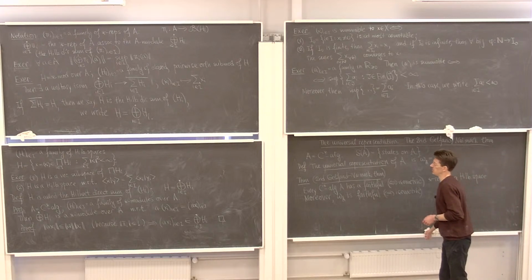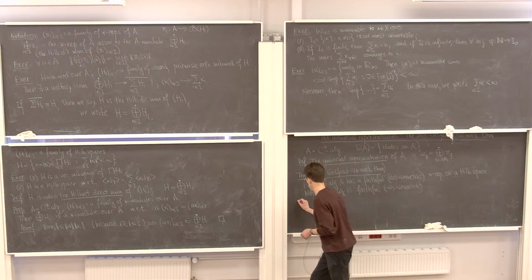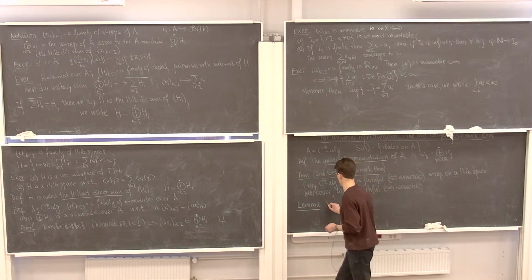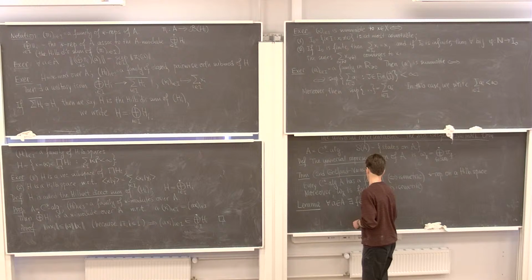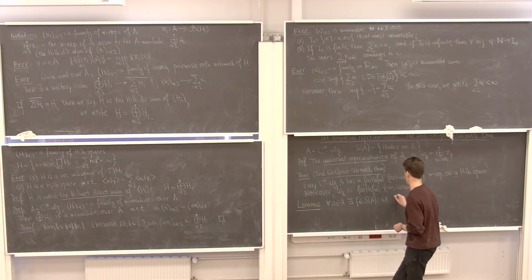The proof of this theorem will be almost immediate from the following lemma. The lemma states that for every element a in our algebra, there is a state f on A such that we have the following equality.